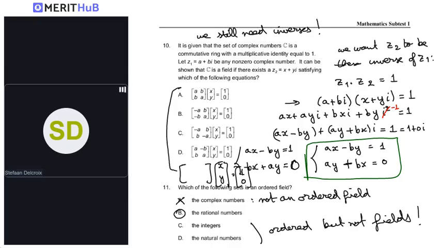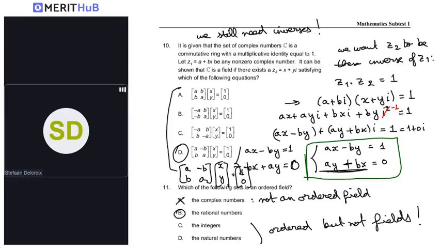Whatever's here goes times X, plus whatever's here times Y, and I should get AX minus BY, so that should be A, minus B. What should be the second row? It's the B for the X and the A for Y. So the answer is D here.